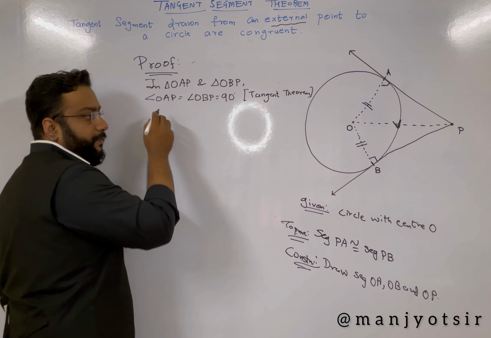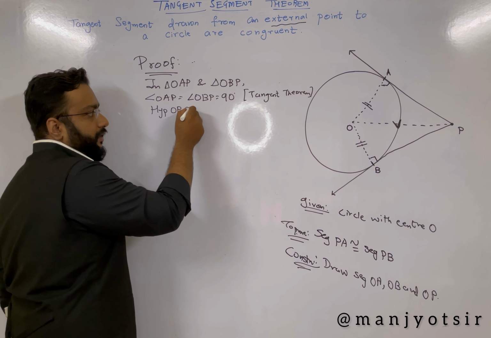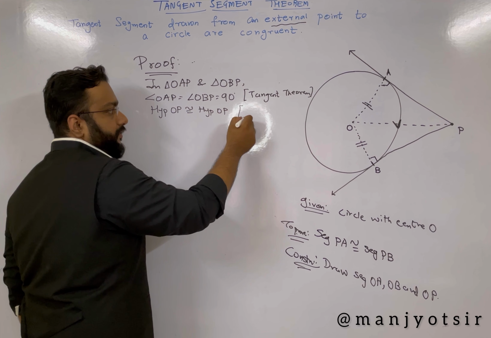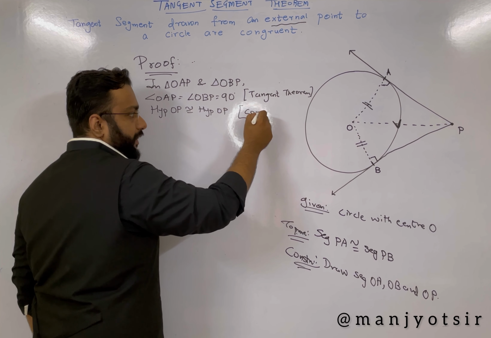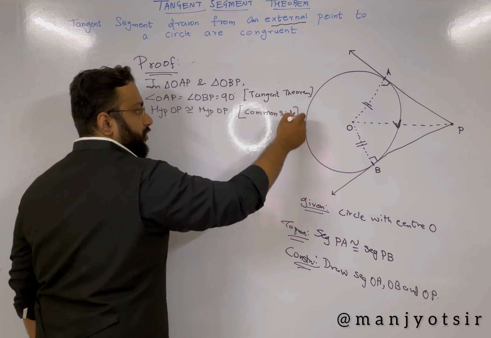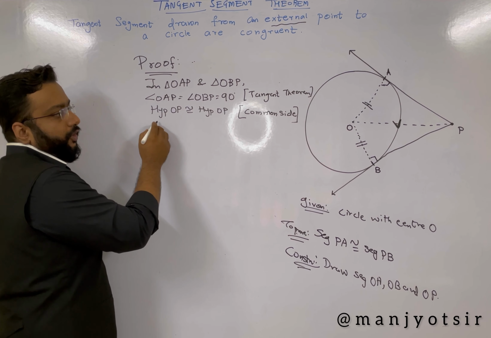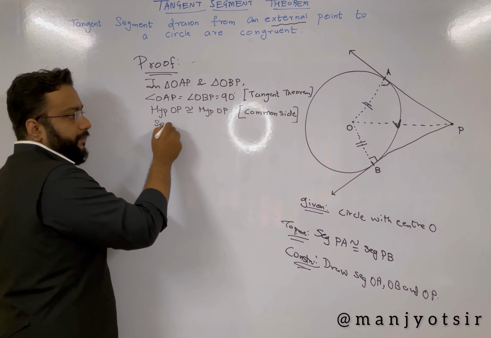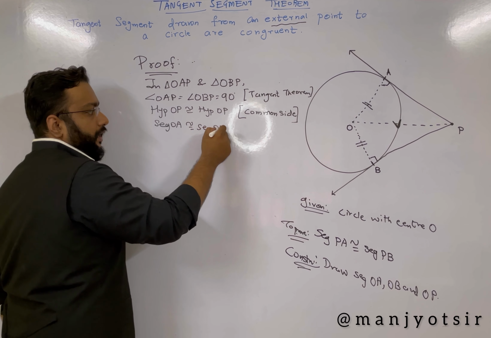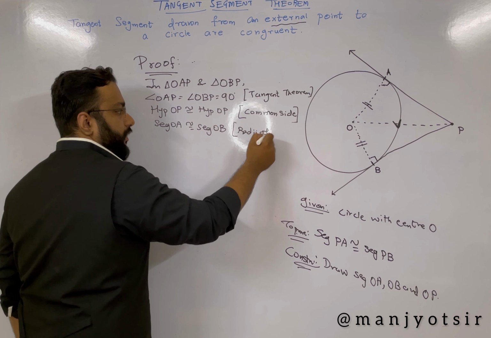Next, hypotenuse. Observe here, we have hypotenuse also congruent. So we can say hypotenuse OP is congruent to hypotenuse OP. The reason for this, as we just learned, is common side. Lastly, the third condition. If you observe, segment OA is congruent to segment OB, and the reason for this will be radii of the same circle.